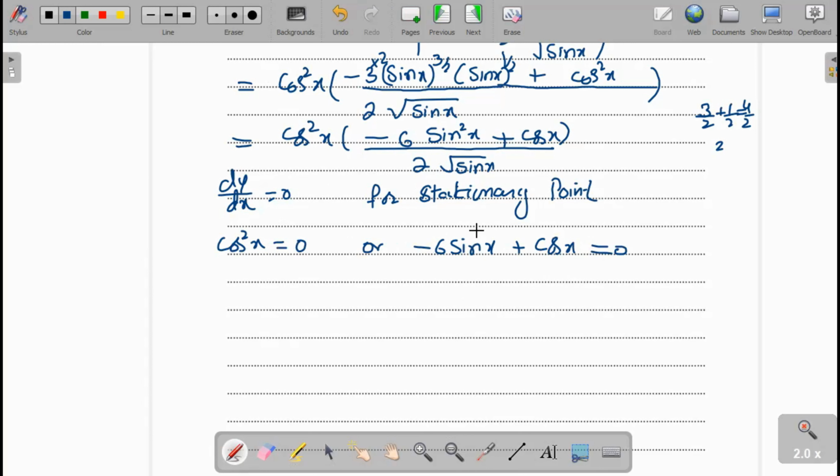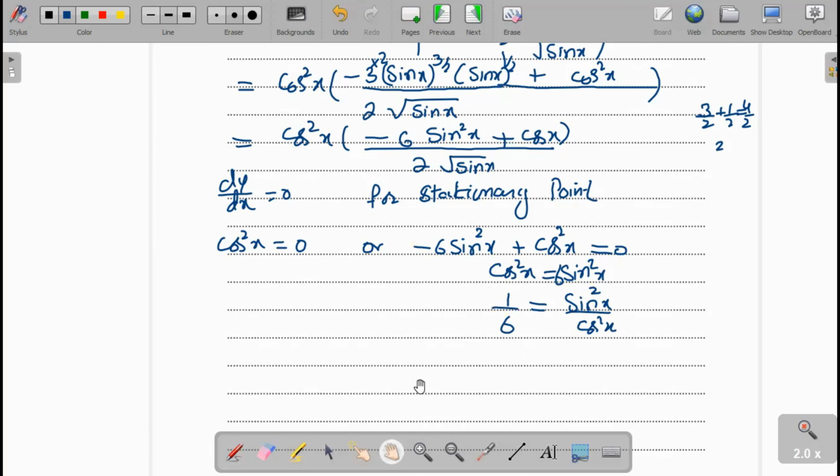Now we can write it as cos squared x equal to 6 sin squared x, and we can write it as sin squared x over cos squared x equal to 1 over 6.